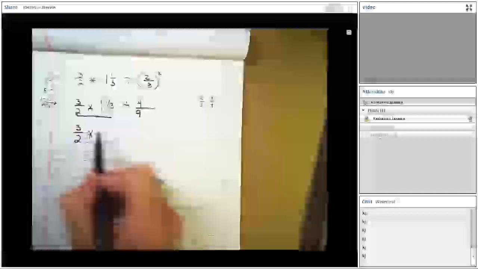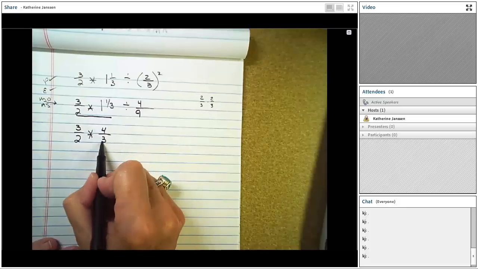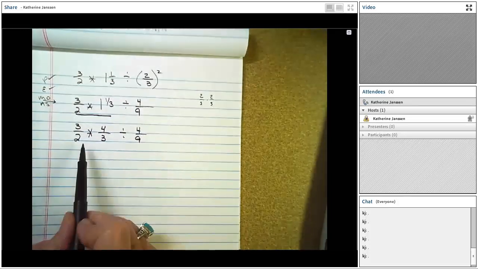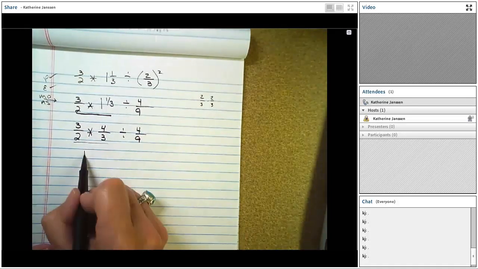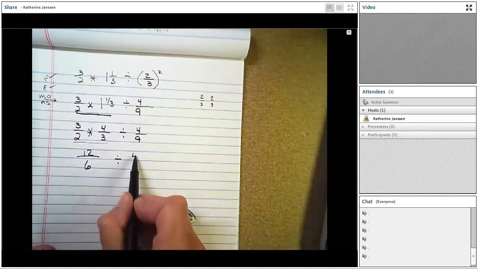Remember, with multiplying mixed numerals, we convert to their equivalent fractional form. 3 times 1 is 3 plus 1 more would be 4/3. Now I can multiply. 3 times 4 is 12. And 2 times 3 is 6, divided by 4/9.